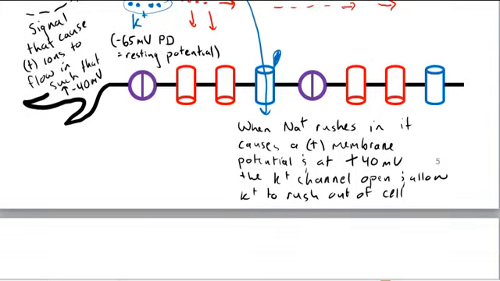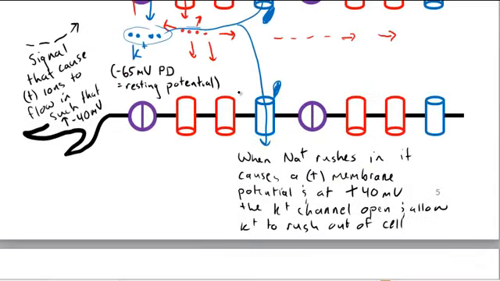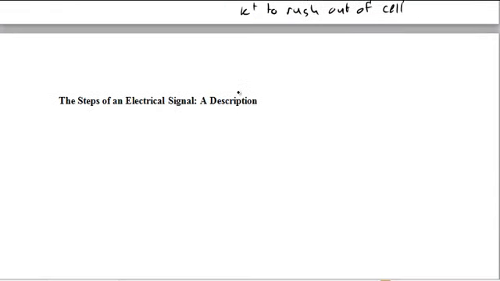Okay, so we can describe this in a little more detail. So that's a picture of how it happens in the membrane. Now we'll discuss it stepwise in detail. This process has several steps. The first is called the resting potential.